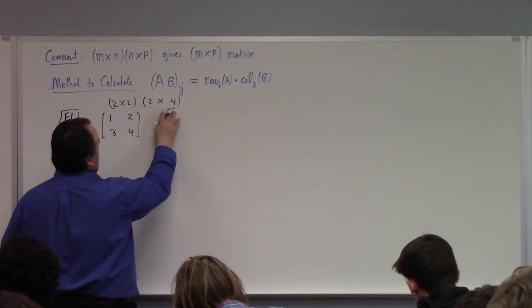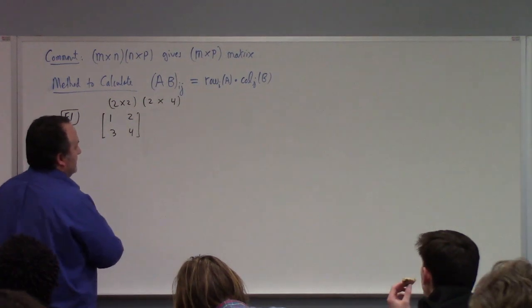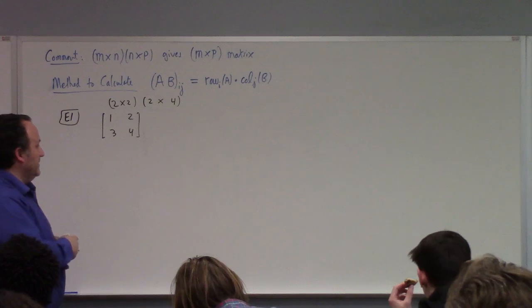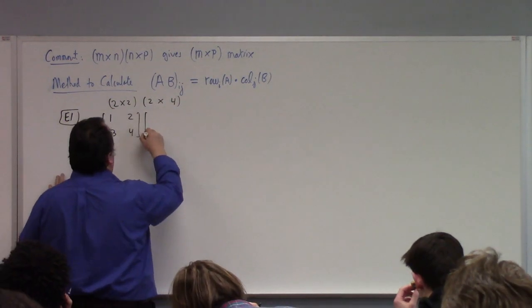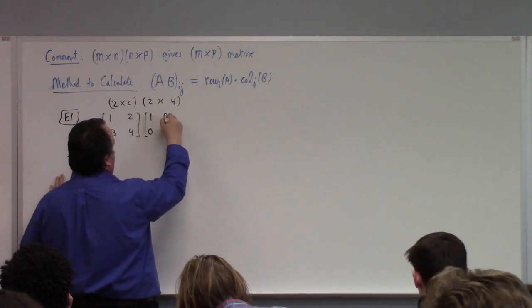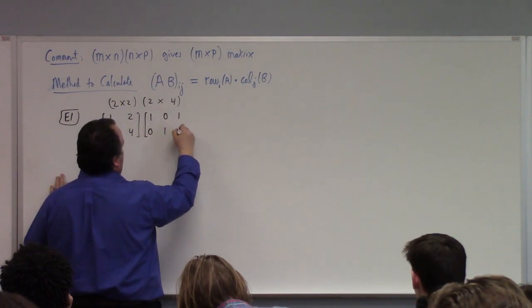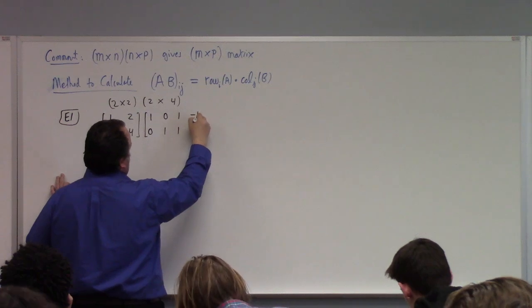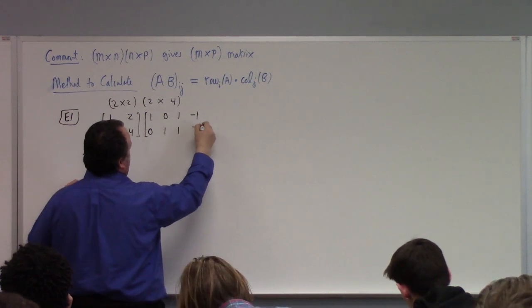What does a 2 by 4 matrix look like? It's 2 rows, 4 columns. So let's make this 1, 0, 0, 1, 1, 1, minus 1, 7.